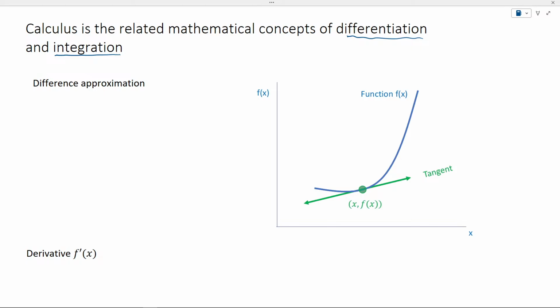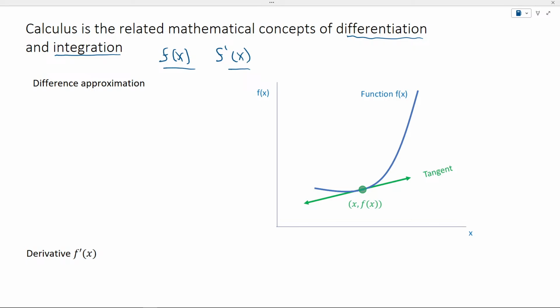When we do differentiation, we have a function. When we differentiate this function, we get what is called the derivative, and this derivative is basically the rate of change of this function.